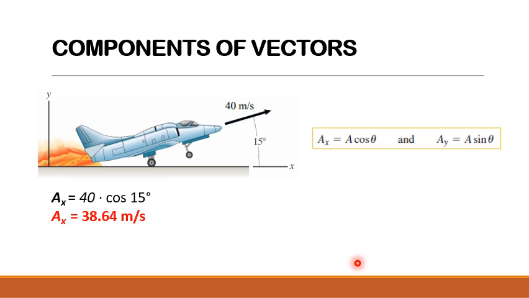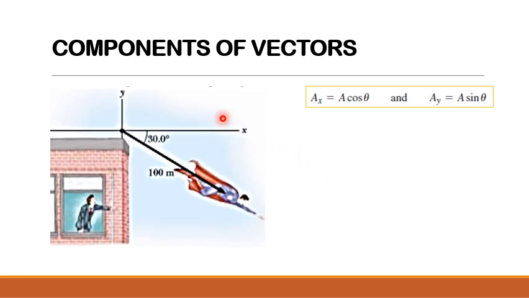That's the x component. How about the y component? The same thing, 40 multiplied to the sine of 15, that's 10.35 meters per second. How about if, in this example, Superman is moving at the fourth quadrant, no longer in the first quadrant?